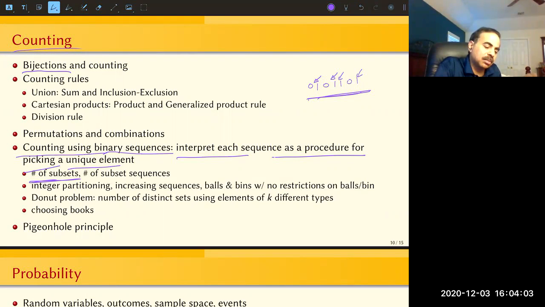And we use that to count the number of subsets, the number of subset sequences, the ways an integer can be partitioned, the way you can have an increasing sequence of integers.